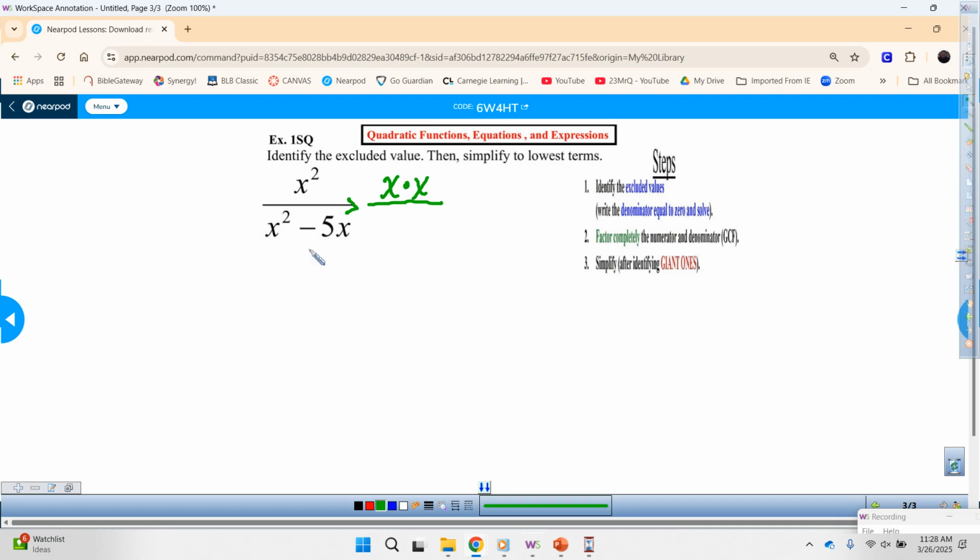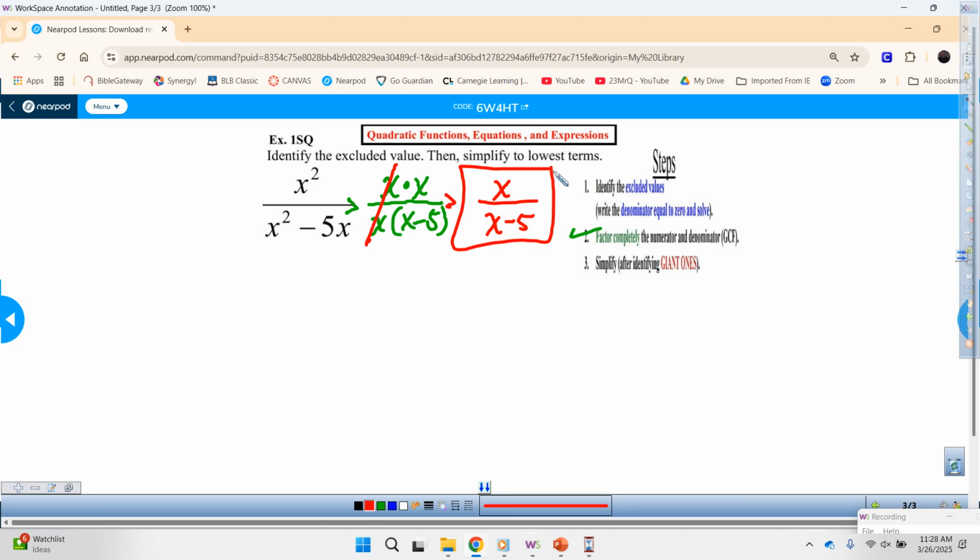What would be the GCF for the denominator? Pass them one, Maideen. Rebecca, GCF? x, that is correct. We're left with x minus 5. So step 2 done. Giant 1. And we're left with x over x minus 5.